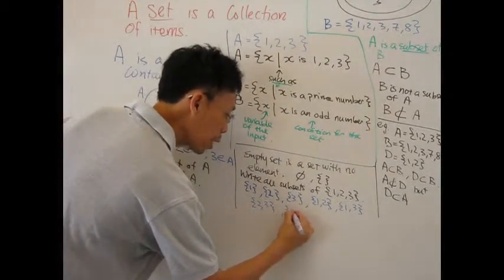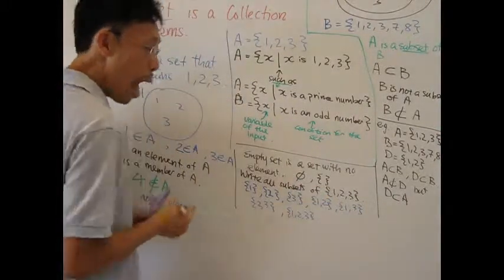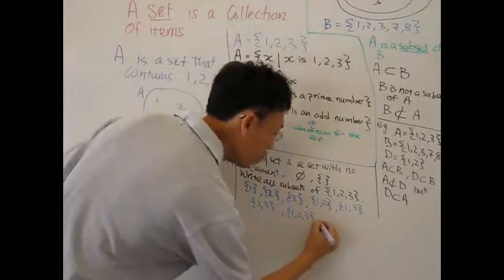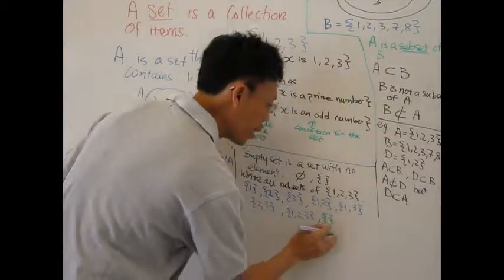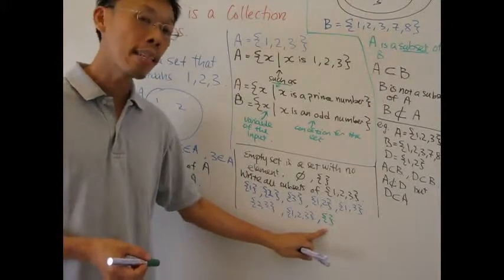And itself is also a subset of 1, 2, 3. And one extra one, the empty set. In fact, the empty set is a subset of any set in the world.